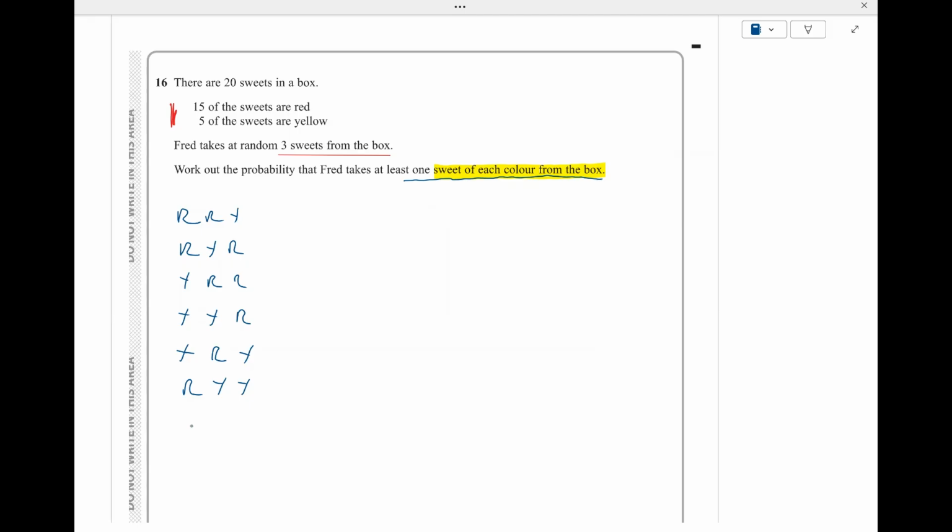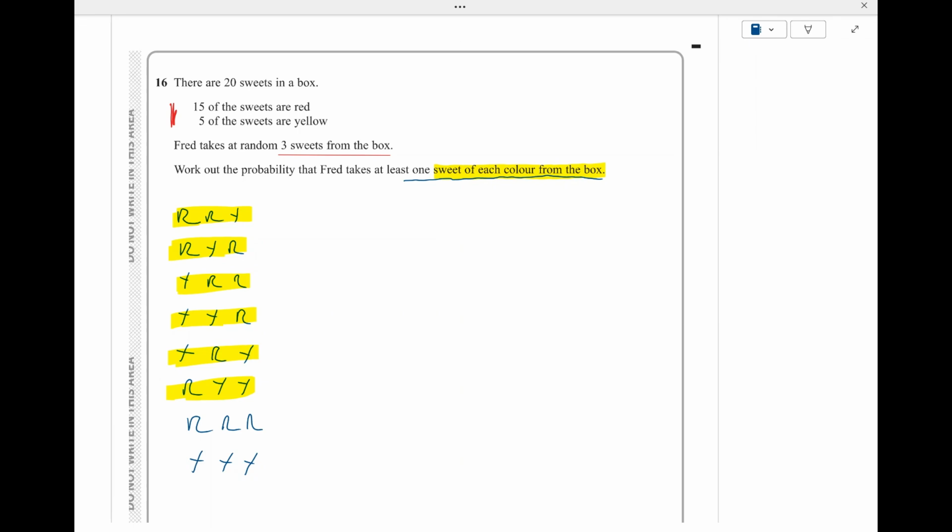Now, of course, he could also take red, red, red, or yellow, yellow, yellow, but those wouldn't qualify, would they? So you can see 2, 4, 6, that there are 8 different things that can happen, and you could work out the probability of each of these and add them up if you really wanted to.